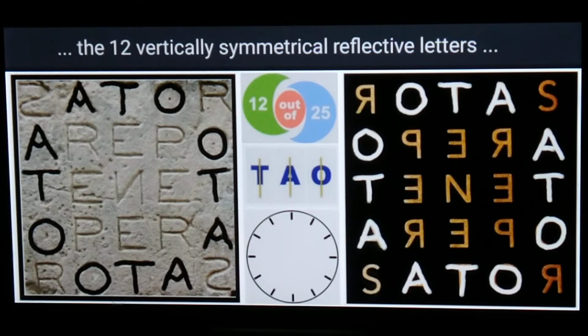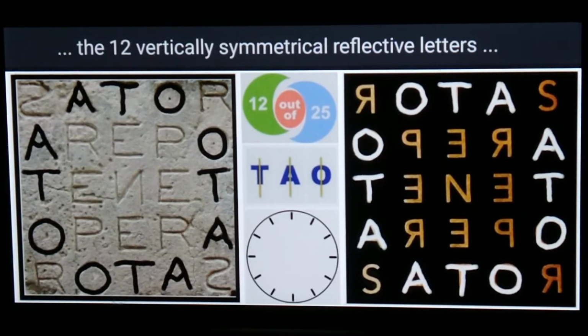Is it 4 times each? There's 4 T's, 4 A's, 4 O's. And what's funny is, well, no, I'm not going to go there yet. But notice there's 12 of them, off to the left and off to the right.